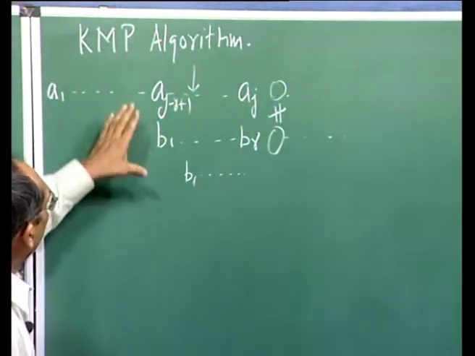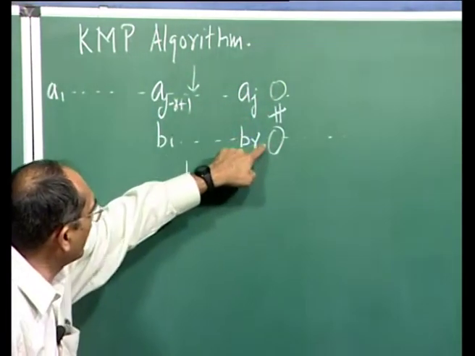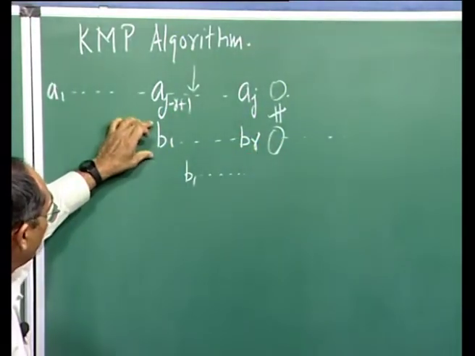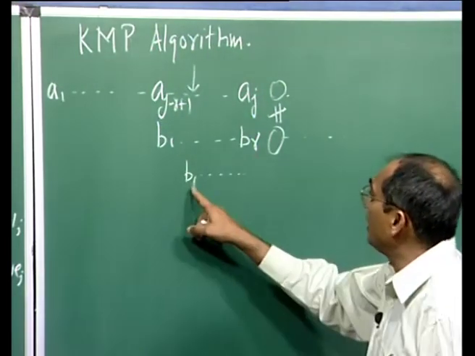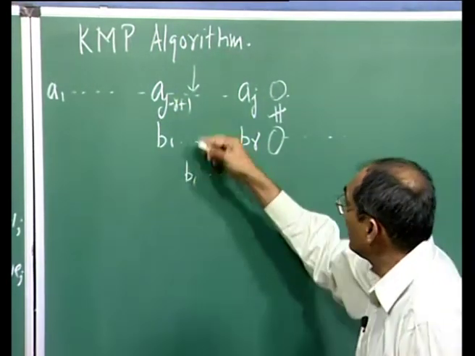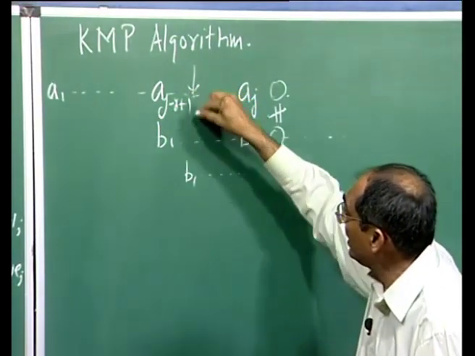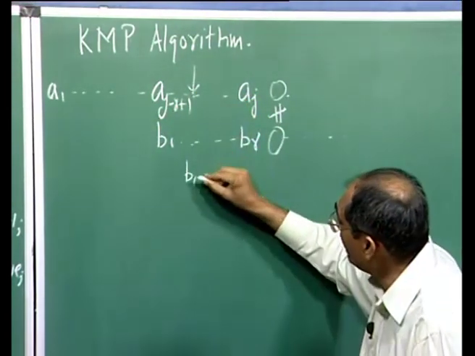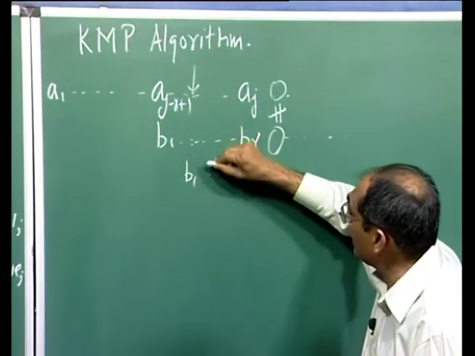Now, notice that these symbols are precisely these, because we have already done the matching. So, the question is, is B1 equal to B2? Because the next symbol, which is Bj minus R plus 2, is same as B2. So, we would be asking, is B1 equal to B2? Is B2 equal to B3, and so on.